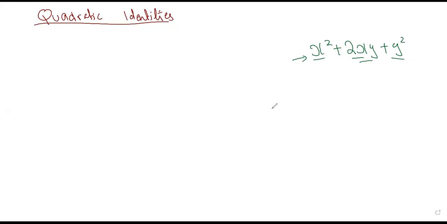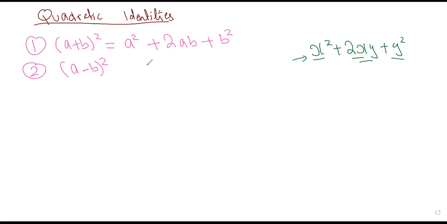So for such expressions, we have some quadratic identities. The first one is (a plus b) square, which is equivalent to a square plus 2ab plus b square. The second one is (a minus b) square, which is a square minus 2ab plus b square.